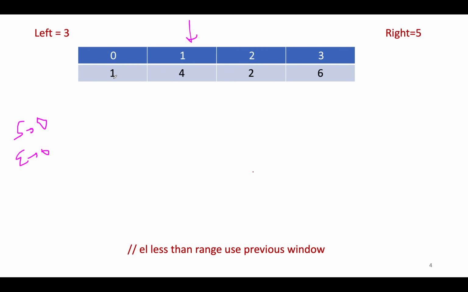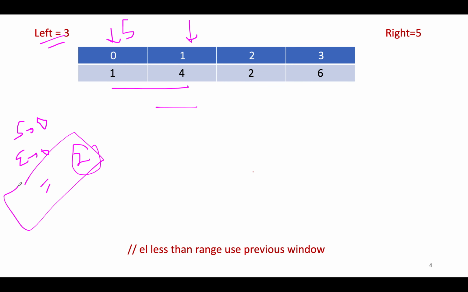The window count size is 2 by virtue of two sub-arrays, the first one being 1 4 and the other one being 4. So both of them qualify to be part of the range, and the window size becomes equal to 2. End minus start, end is pointing to 1, start to 0, plus 1. That makes the window count 2, and it becomes part of your answer set.